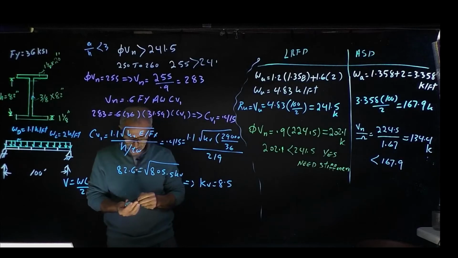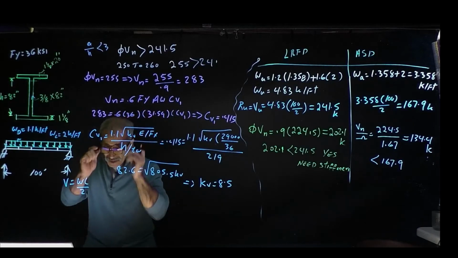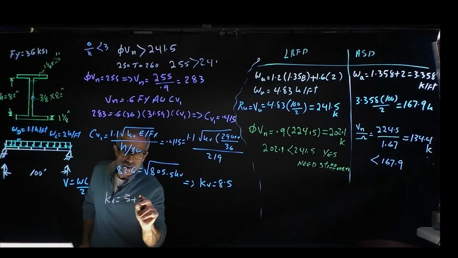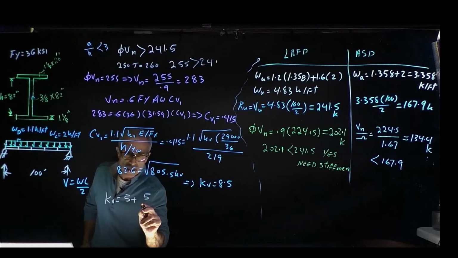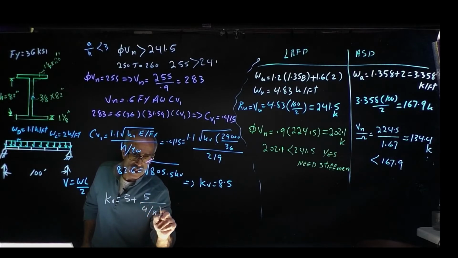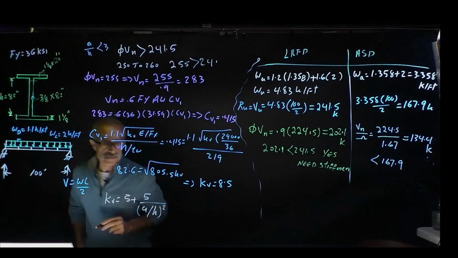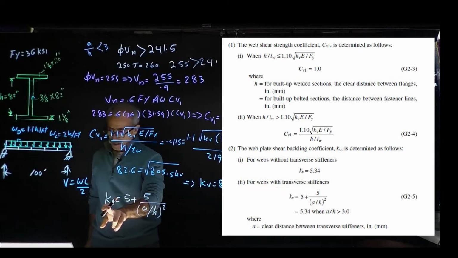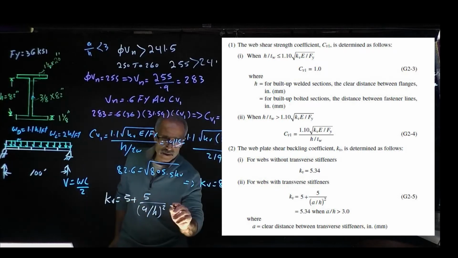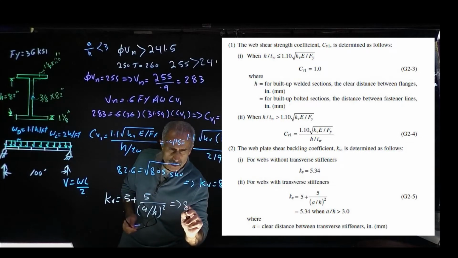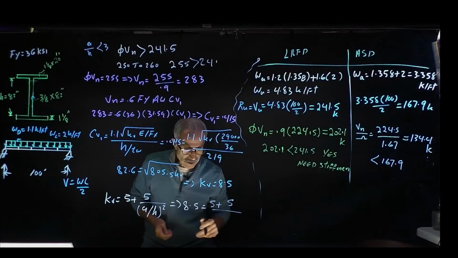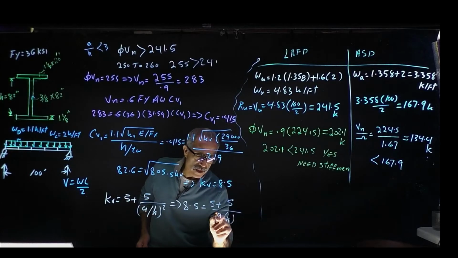The next step we're going to go ahead and try is, we know kv is equal to 5 plus 5 divided by a over h squared. Okay, so we're looking for this to become 8.5 to work out for our number. So I'm going to go ahead and say 8.5 equal 5 plus 5 divided by a over h squared.